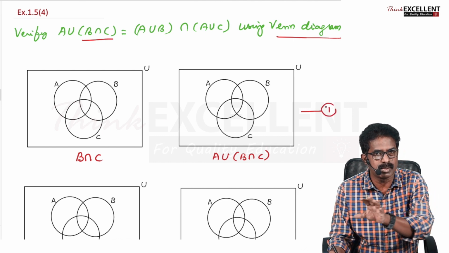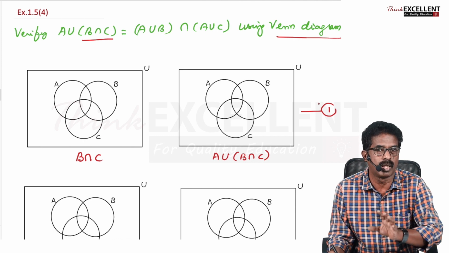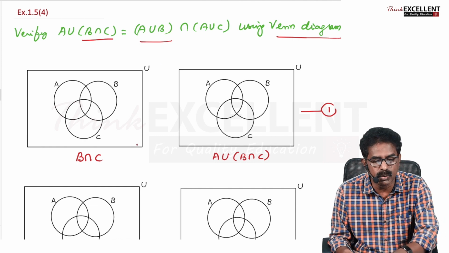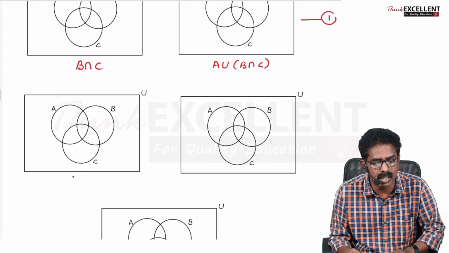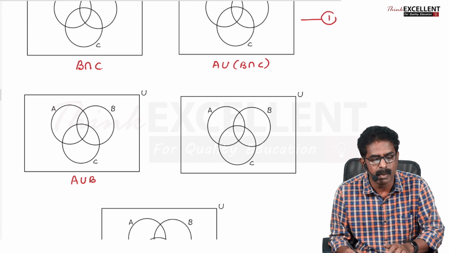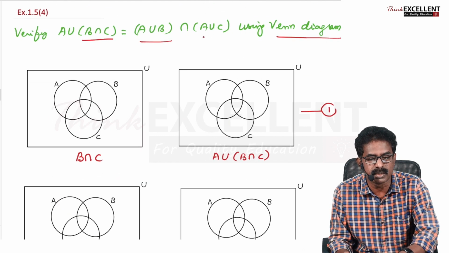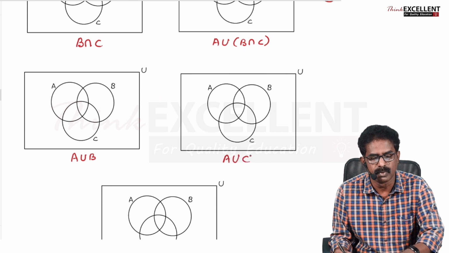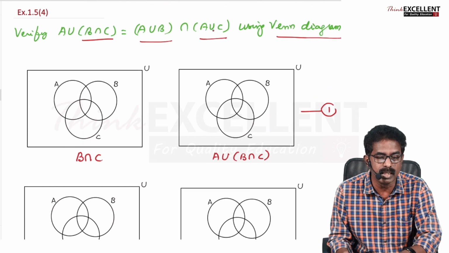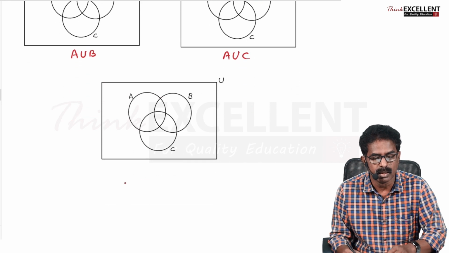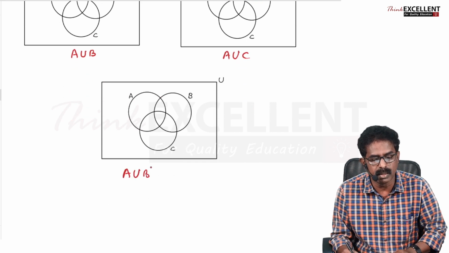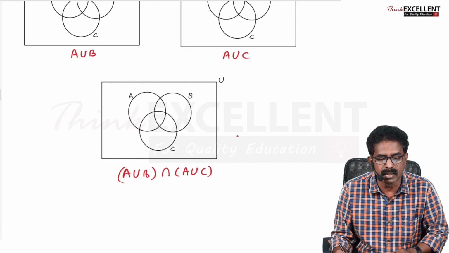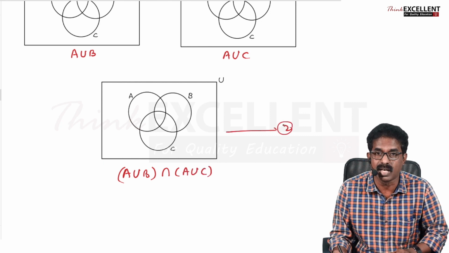So just I'm giving some skeleton, some common rule how to do. Then for RHS, first you need what? A union B. So in the next diagram, you shade A union B. Then in the next one, A union C. And the last one, the whole thing, A union B intersection A union C, and that you take as the answer for RHS, right?